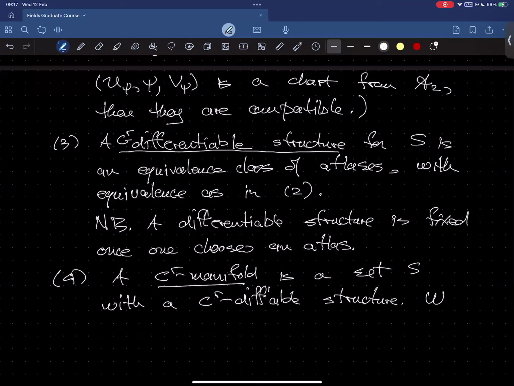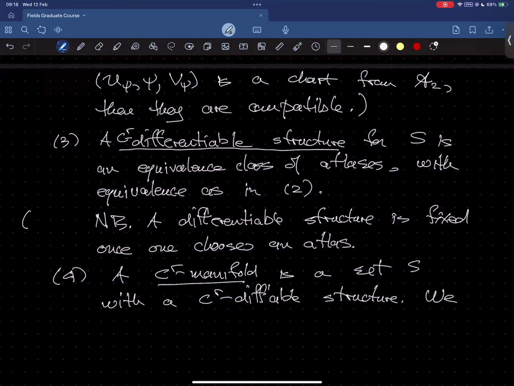Sometimes, if you want to be really pedantic, you could say that a manifold is a pair (S, D), where S is a set and D is a differentiable structure, an equivalence class of atlases. But normally you write a manifold with a single letter, and we'll use letters like M for a manifold.